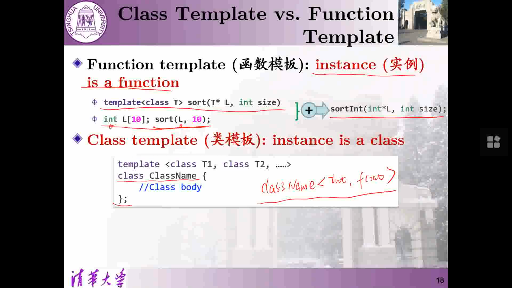I think most of you have already seen this, because when we use STL templates, we always do this. We are providing types. With these angle brackets, we have a class. So this is actually a class.